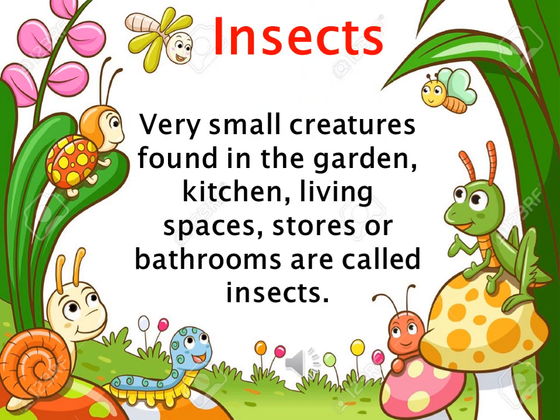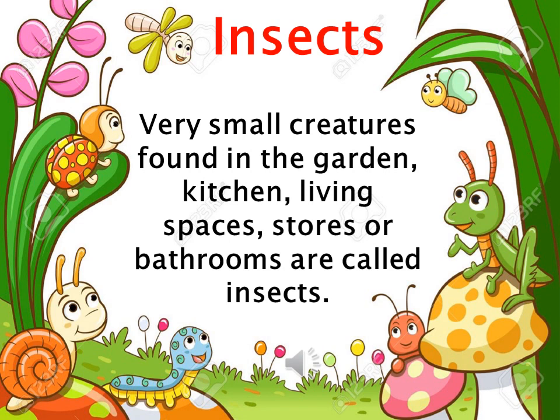Children, you must have seen very small creatures in your garden, sitting on leaves or creeping and crawling on the ground, in the kitchen shelves, in living spaces, in the storeroom or in the bathrooms.